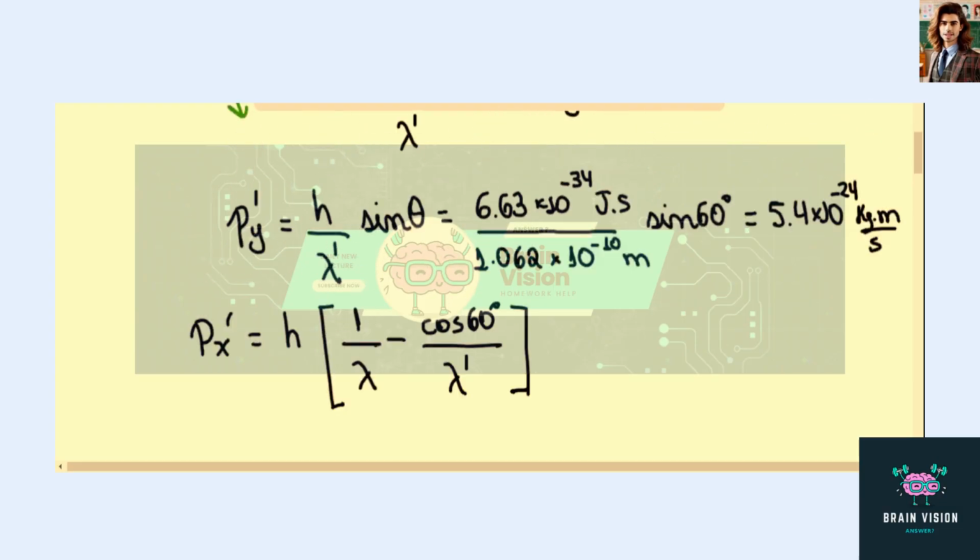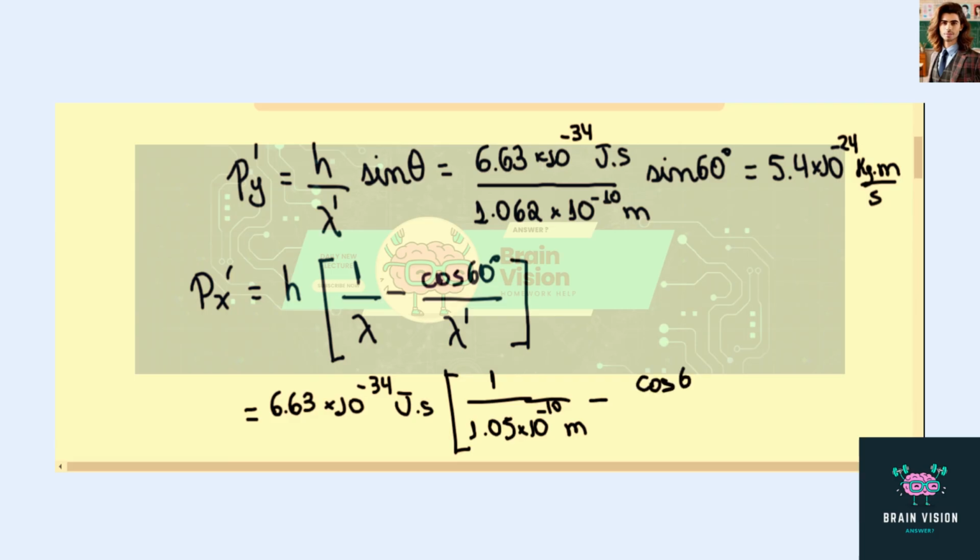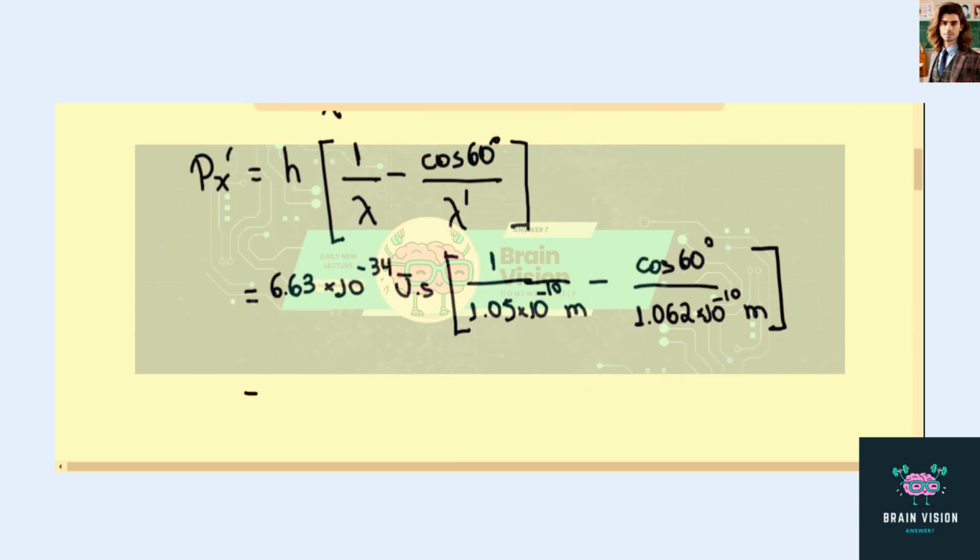So this is equal to 6.63 times 10 to the minus 34 joule second times 1 over 1.05 times 10 to the minus 10 meters minus cosine of 60 over 1.062 times 10 to the minus 10 meters. And this is equal to 3.2 times 10 to the minus 24 kilograms meters per second.